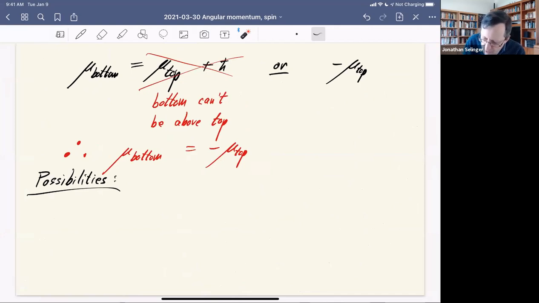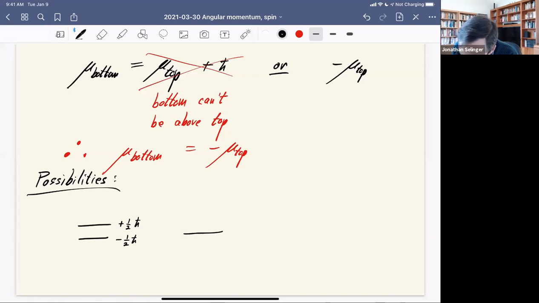So what are the possibilities? One possibility is we could just have two steps, at plus 1/2 h bar and minus 1/2 h bar, and that's it. That would be one perfectly reasonable answer. Or we could have a ladder with 3 steps, at 0, h bar, and negative h bar.